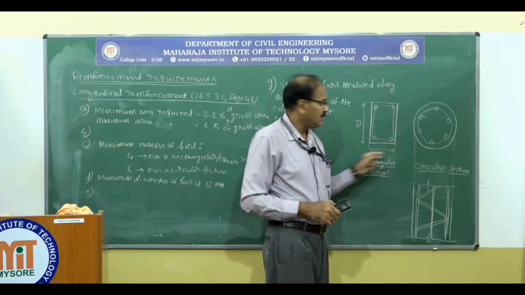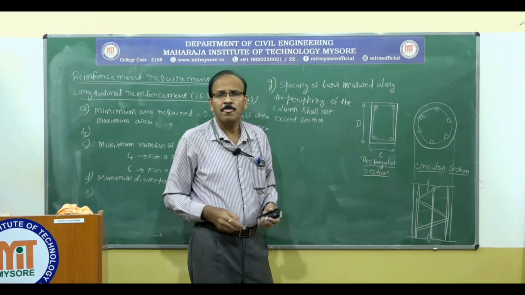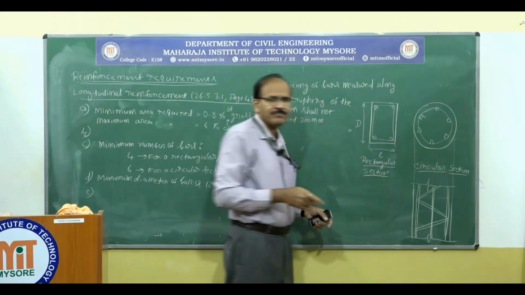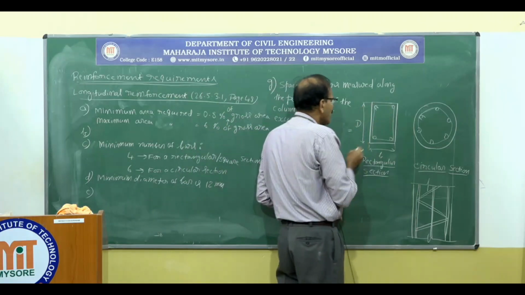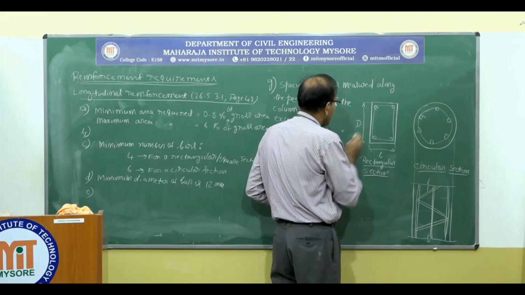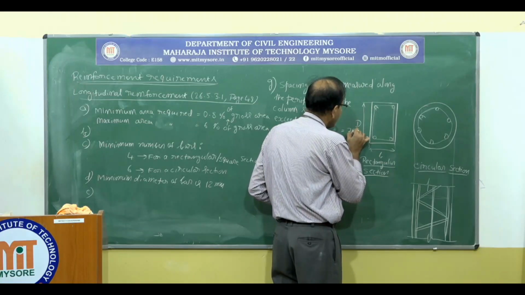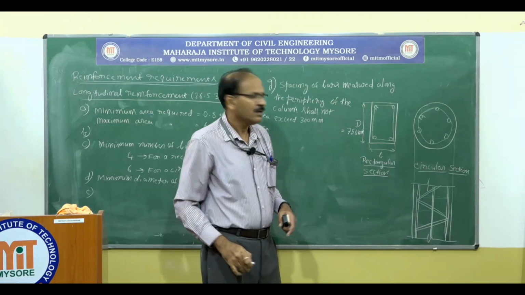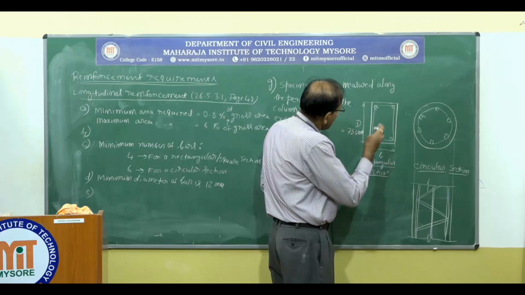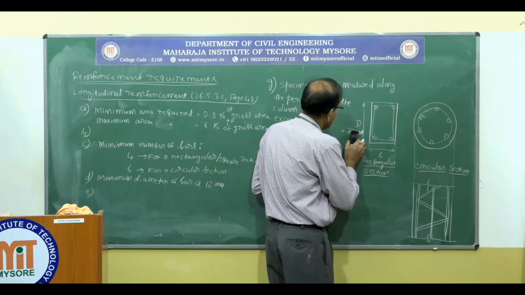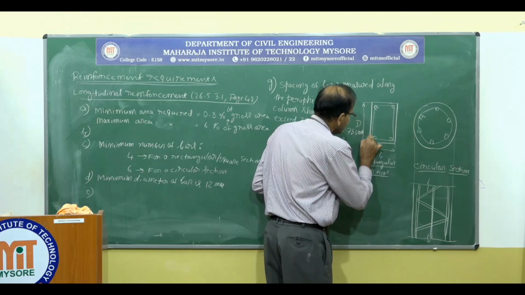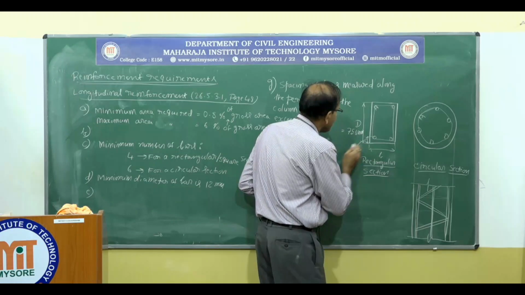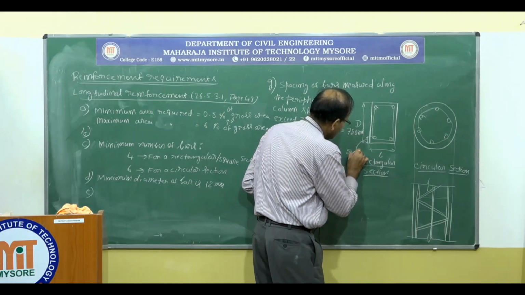say for example, let us take this. Let me assume this dimension d, that is the overall depth of this column to be say around 750 millimeter. With cover, say I am going to give 50 mm cover, side cover.